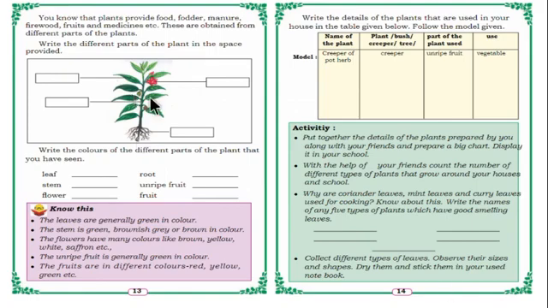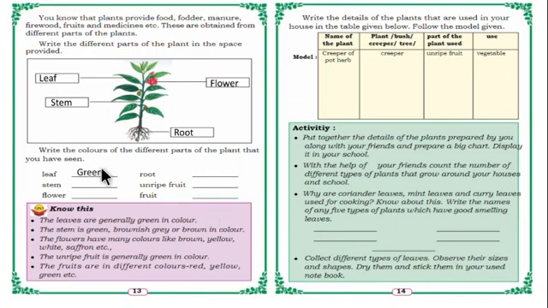Here you can see the plant, and this is leaf. So this is leaf, stem, flower, root.